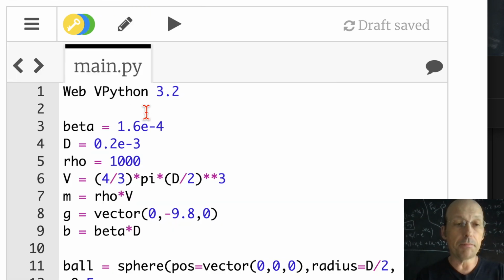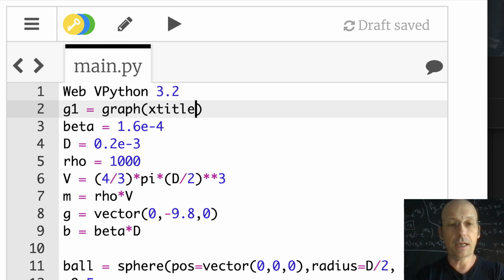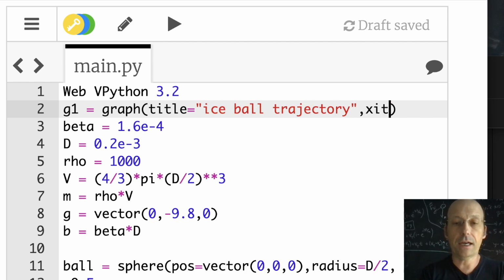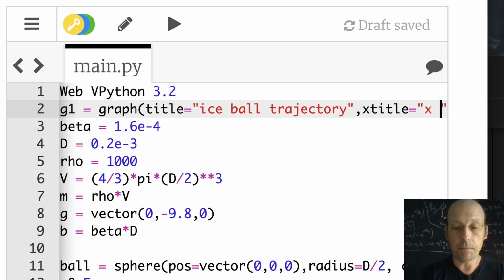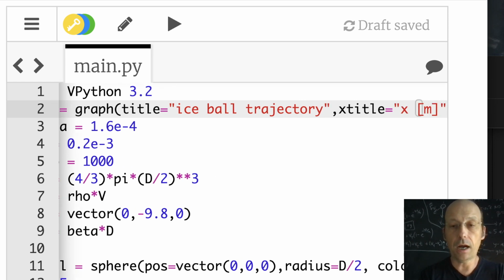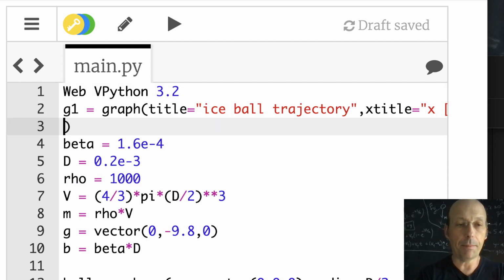So up here, let's make a graph. G1 equals graph, x title, and this is a trajectory. So let's just go ahead and put this. Title equals ice ball trajectory, right? X title is going to be equal to x in meters, comma, and then I'm going to wrap it.